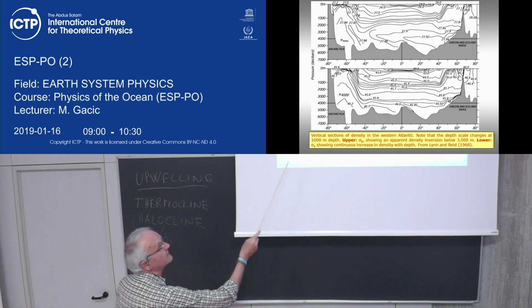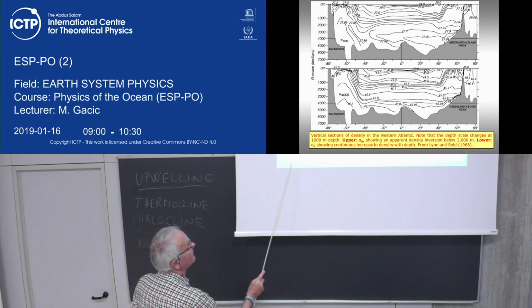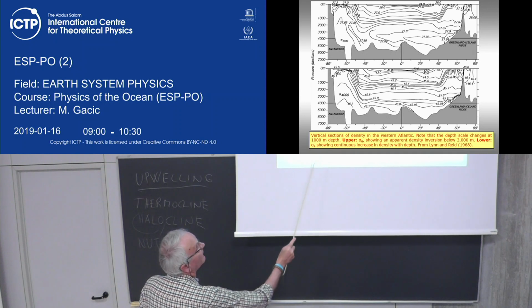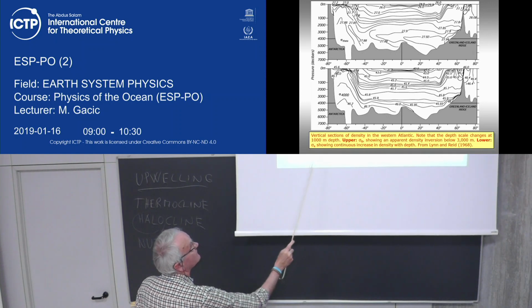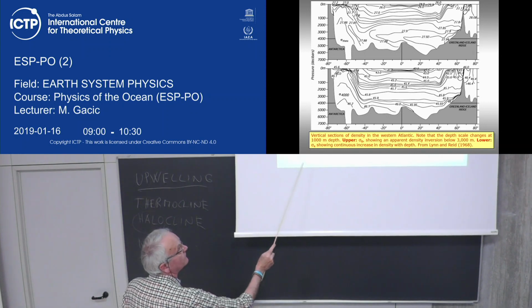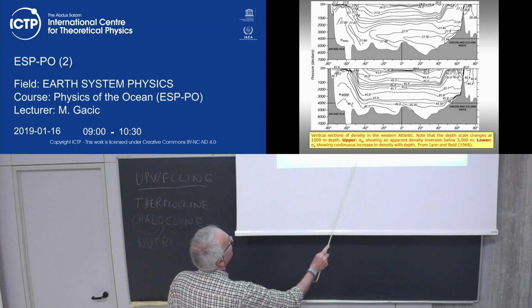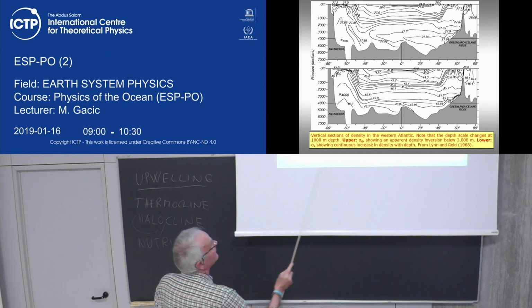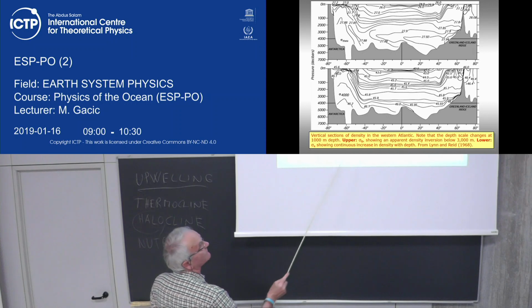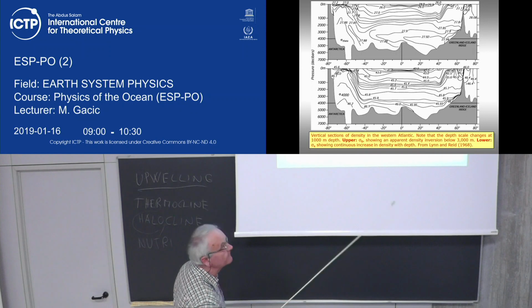You can see the difference between, for example, 5,000 meters and the surface is much larger here than here. So there is no more vertical mixing in this area. So you have the permanent pycnocline, which then goes to the depth of around 1,000 meters. I told you around 300 meters to 1,000 meters. And then it stays there for the entire year.